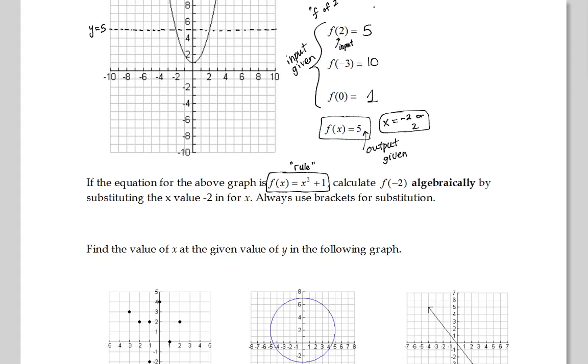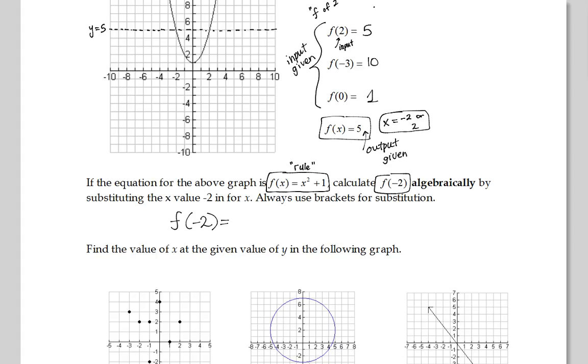We always use brackets for substitution, and we're going to solve this one here, f of negative 2. So you write it like this, f of negative 2 equals. See this thing in the box where it says rule? What did we change? We changed the x to negative 2. So then on the right side of the equation, you have to change the x to negative 2.